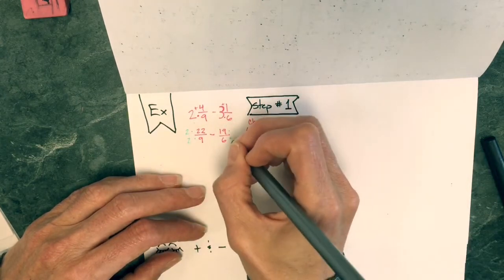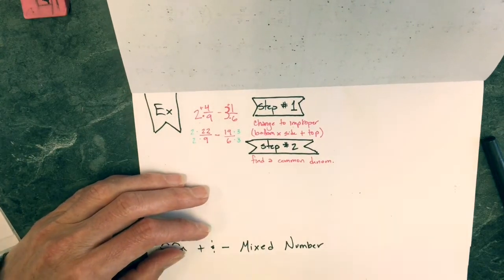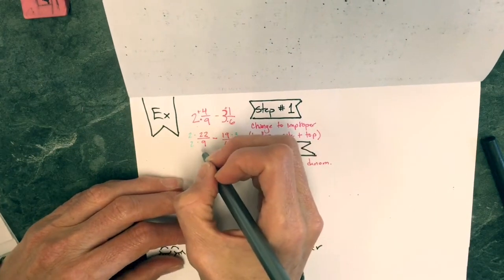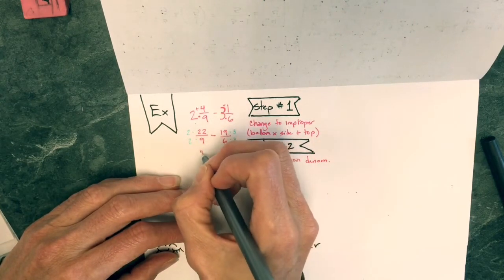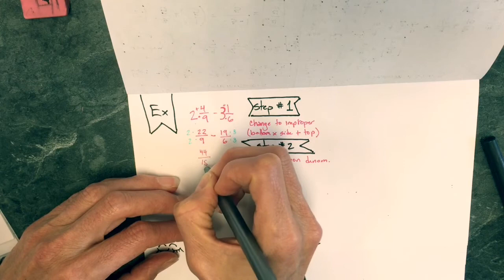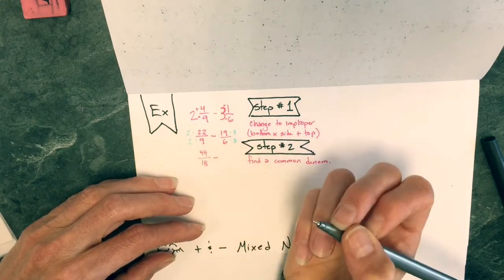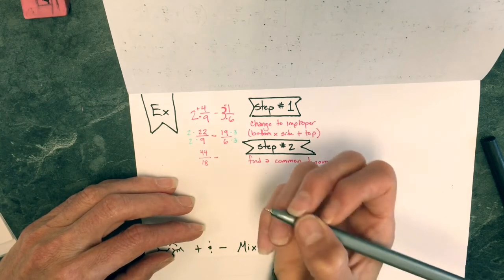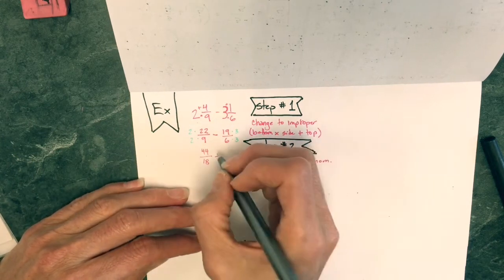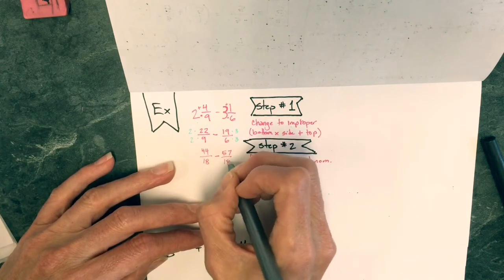And over here, to change it to 18, I have to multiply the top and the bottom by 3. So that changes this to, let's see, 2 times 22 is 44 over 18 minus 3 times 19. Well, 3 times 20 would be 60. I have to take away 3 from 60, so 57 over 18.